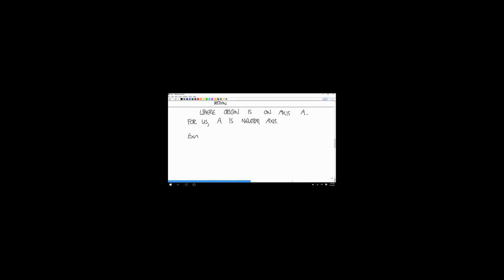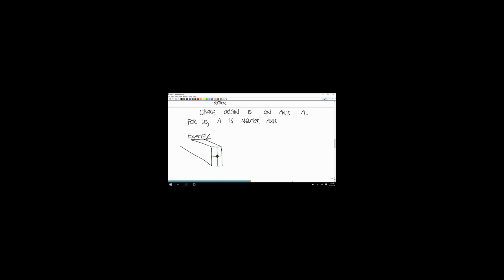So let's say that we have a beam and the cross section is this. The neutral axis is the horizontal line that goes through the centroid.